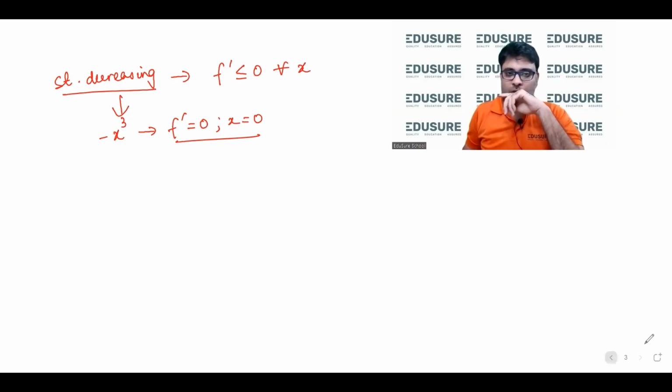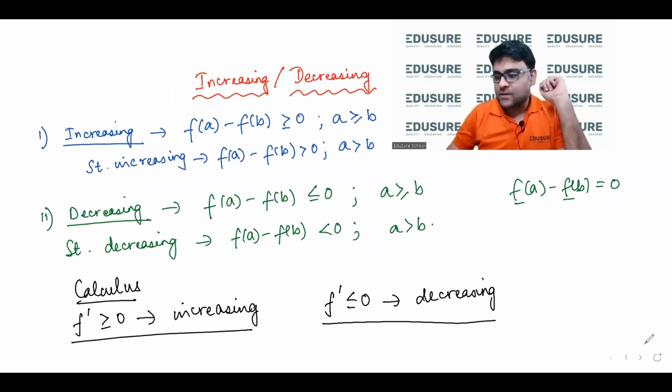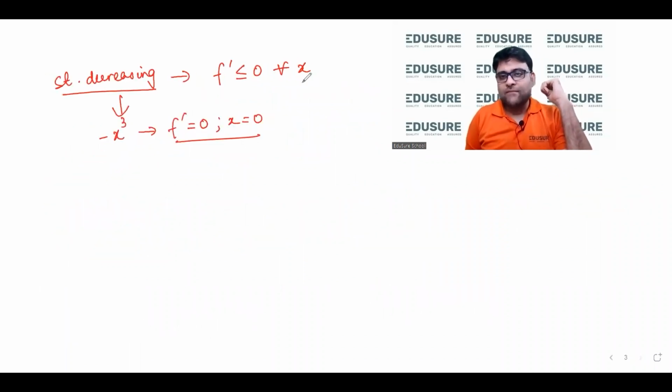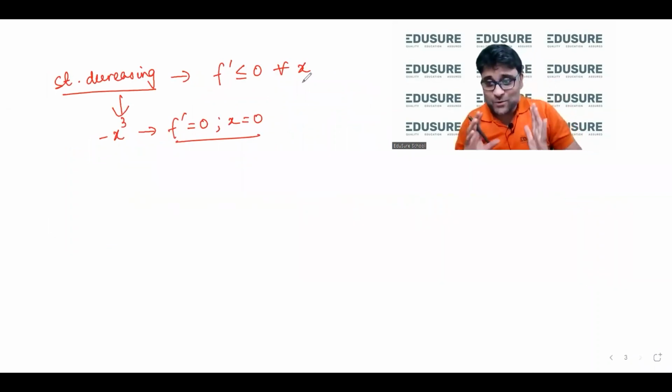However, here we were taking a look at increasing meaning f dash greater than or equal to 0, decreasing meaning f dash less than or equal to 0. Strictly increasing was meaning this, strictly decreasing is meaning this. However, there is something, now please don't get confused, I'm giving you some theory together.